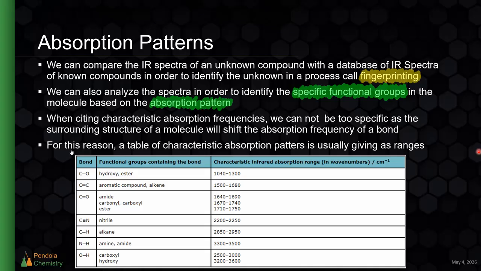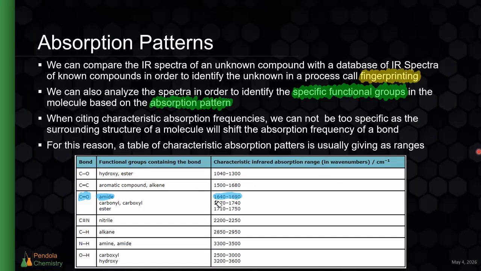So for example, the carbon-oxygen double bond that we normally see in a carbonyl compound, like an ester, an amide, a ketone, and an aldehyde, are going to have very specific wavelengths or wave numbers they dip at. An amide, for example, will dip around 1640 to 1690.